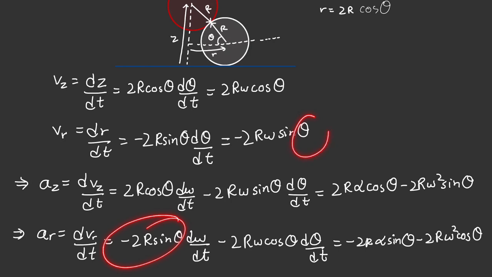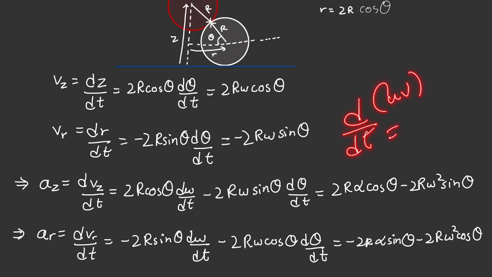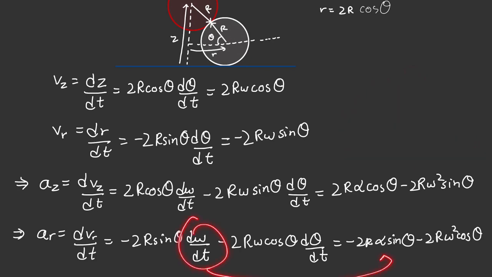You get minus 2r sin theta d omega by dt minus 2r omega cos theta d theta by dt, basically using the UV rule, u dv by dt plus v du by dt. So minus 2r alpha sin theta minus 2r omega square cos theta. That would be the radial acceleration. This would be the vertical acceleration of the top ball, and this would be of the bottom balls.